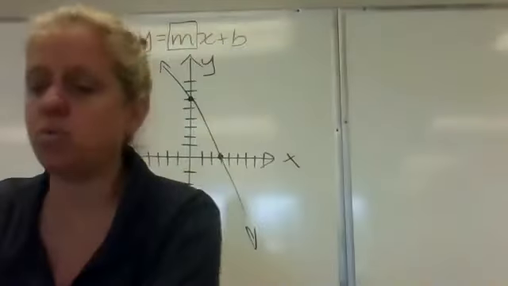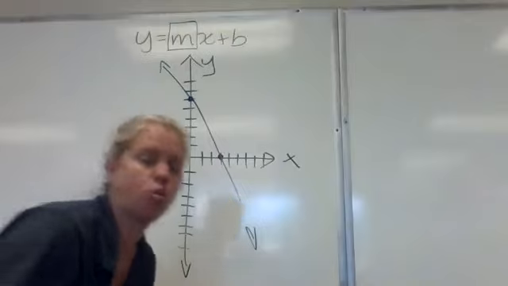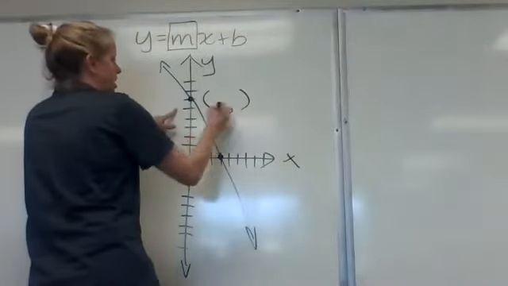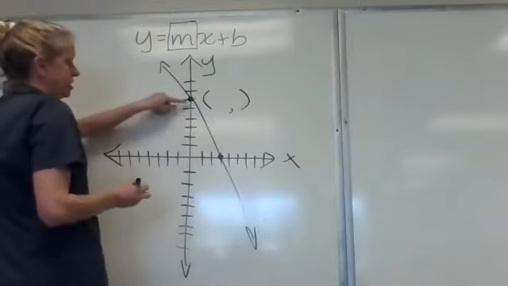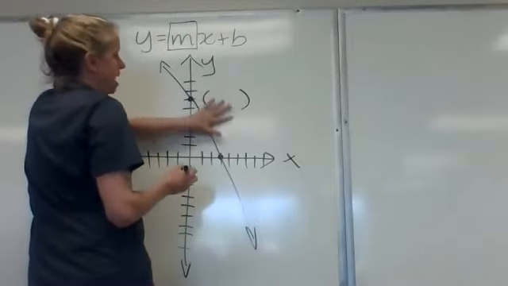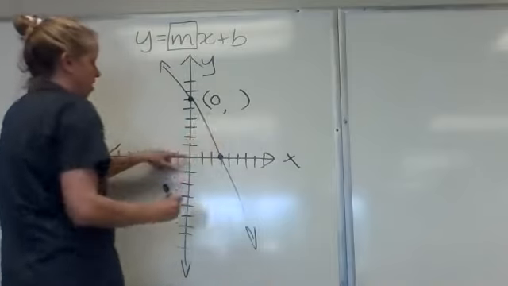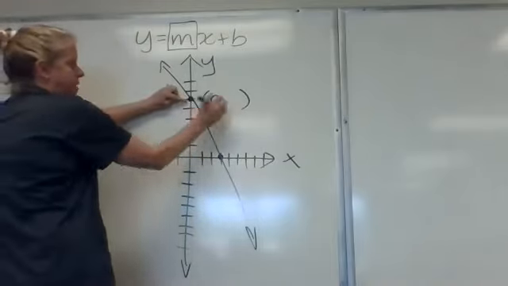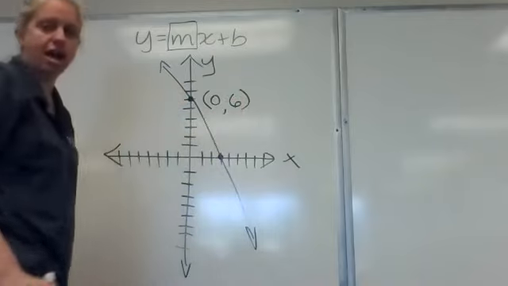So I think the best way to go about this is to name the coordinates of these points. Let's say what this point is. If it's on the y-axis, that means its x is 0, right? To get to this point, I don't move anywhere on the x. I just go up 6. So there's that point.